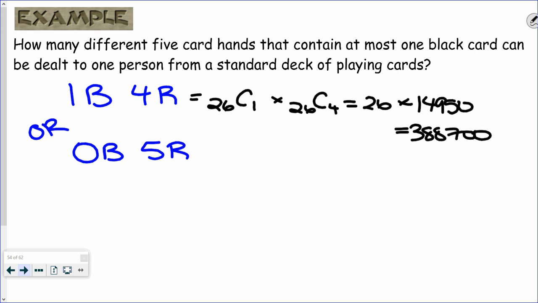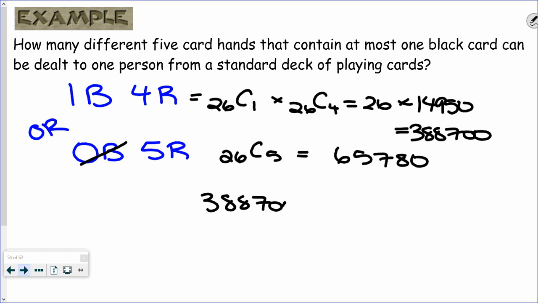Now in the next option, there's no black, so I don't have to worry about it. Just 5 red, so 26 choose 5. And 26 choose 5 is 65,780. So now I take those two answers, and I simply add them up, because it's an OR question.